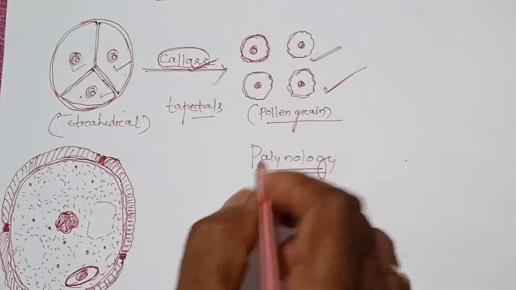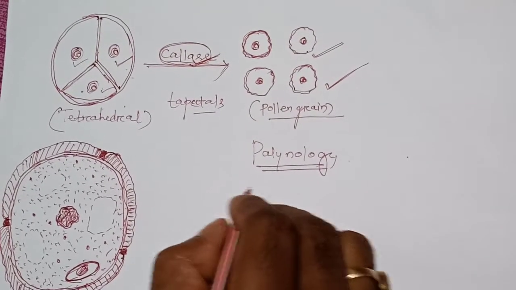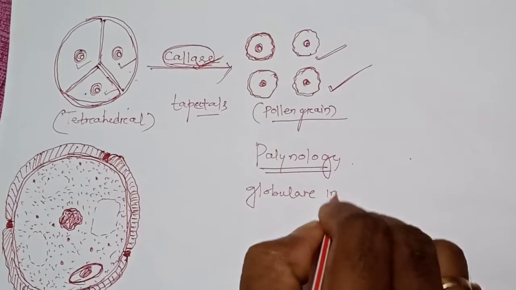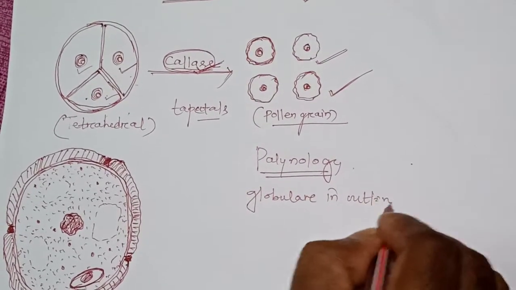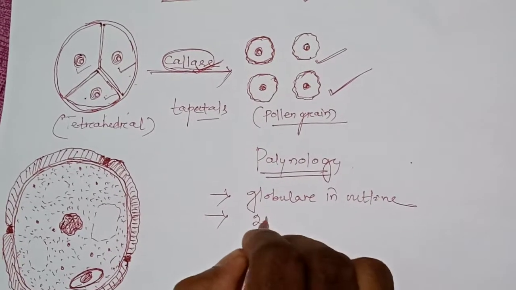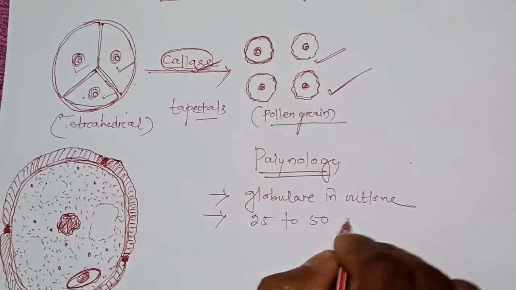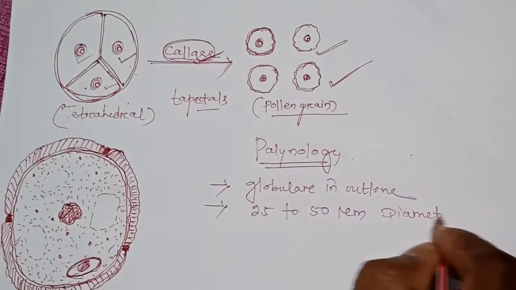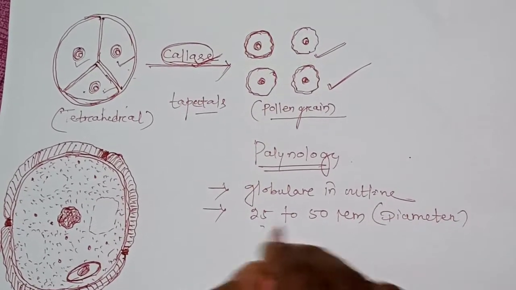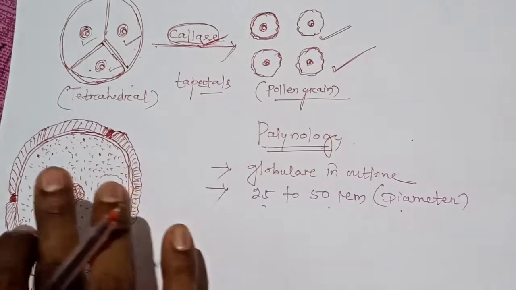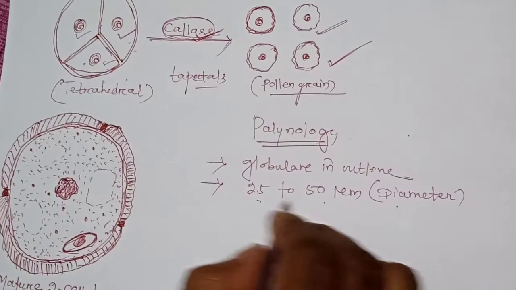Generally, a pollen grain is globular in outline, and its diameter ranges from 25 to 50 micrometers.